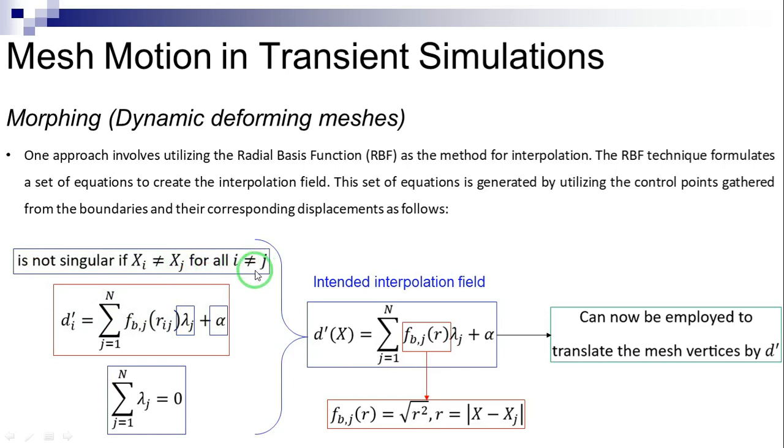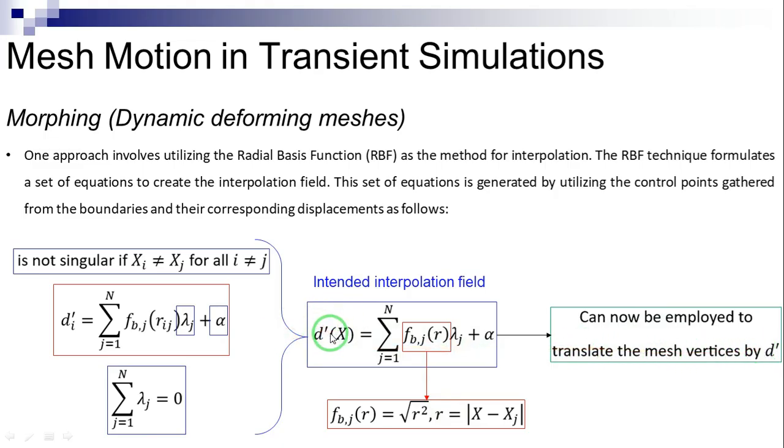By solving these two equations, one can obtain the Cartesian components of all lambda_j along with the components of the constant vector alpha. This gives the intended interpolation field as we can see here. Here, f of phi_j as a function of r is applied to all mesh vertices and is defined as we can see here. Thus, this equation can now be employed to translate the mesh vertices by using the calculated displacement d prime.